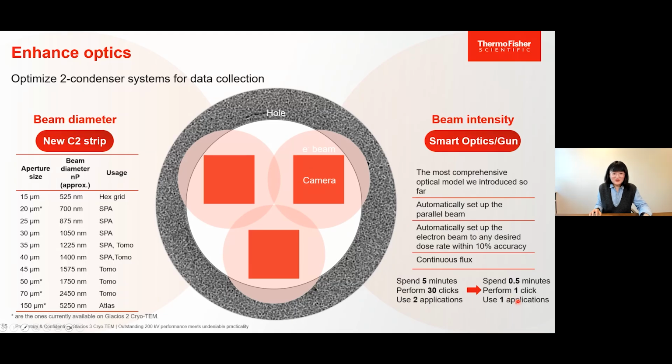So now it only takes less than 30 seconds, and one single click using one application. This can free up a lot of the training hours people spend on the microscope to train new users. And these new users, or users with less expertise, can also get high quality data from their sessions.